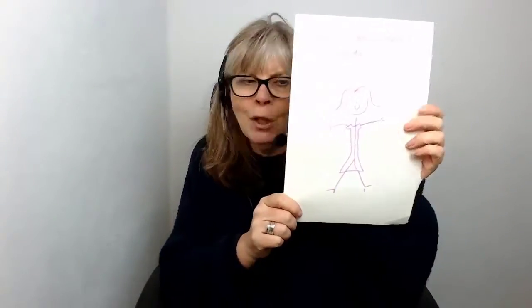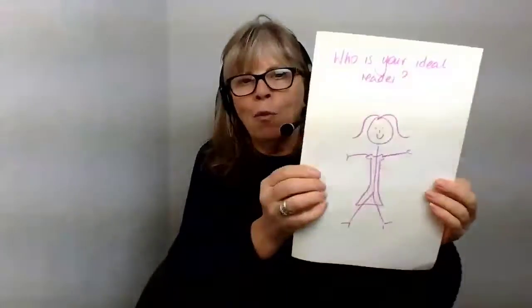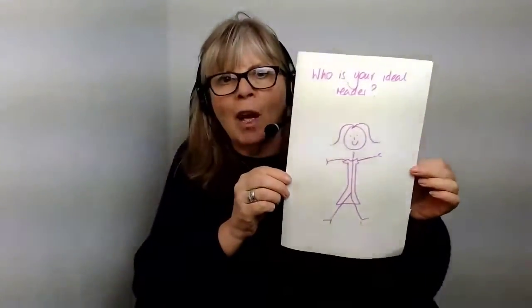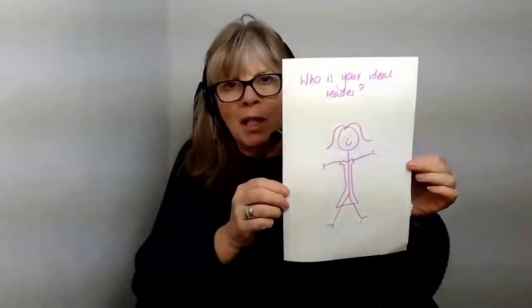So as you know, I love doing my little books. So what we need is just a sheet of A4 paper, and we start off and we ask the question, who is our ideal reader? Now, you may start off with some of the demographics, like their age. They might be married, they might be mumpreneurs, they might be silver surfers, they might be people that have a certain disposable income, live in a particular country or town or whatever.